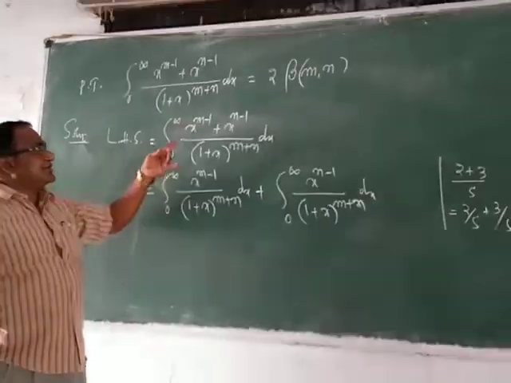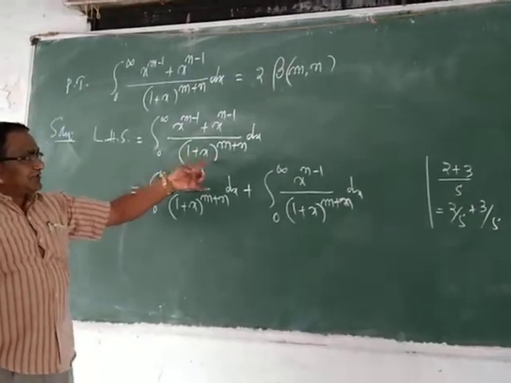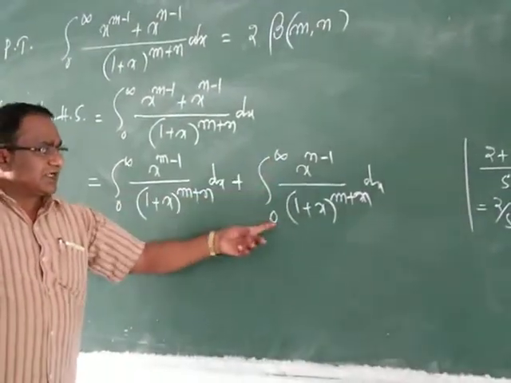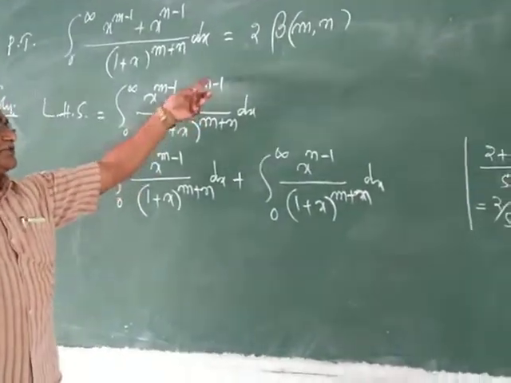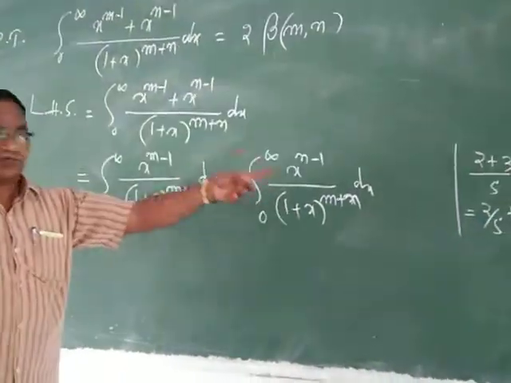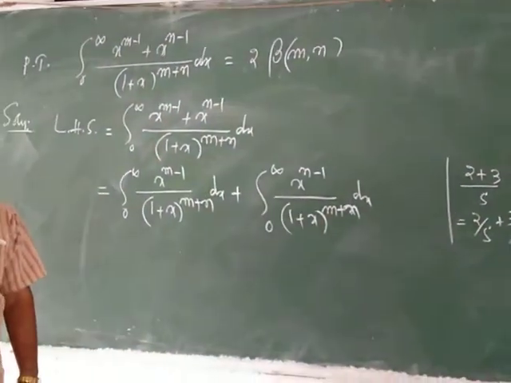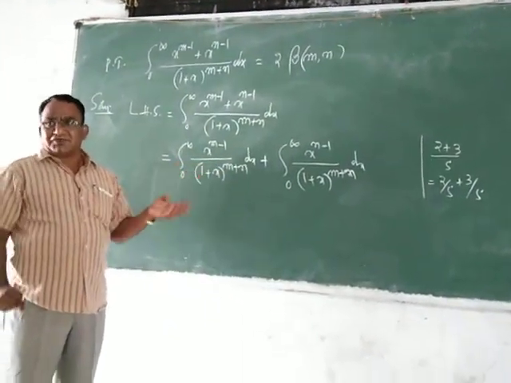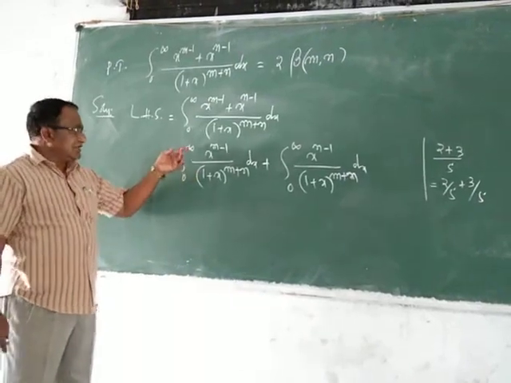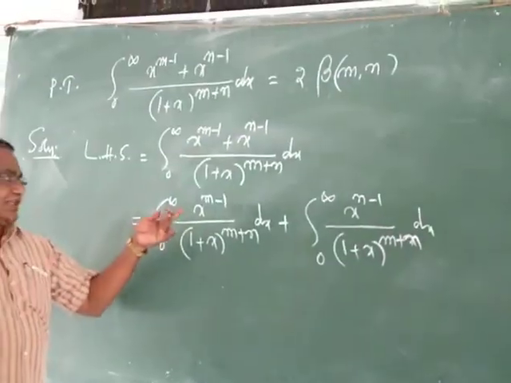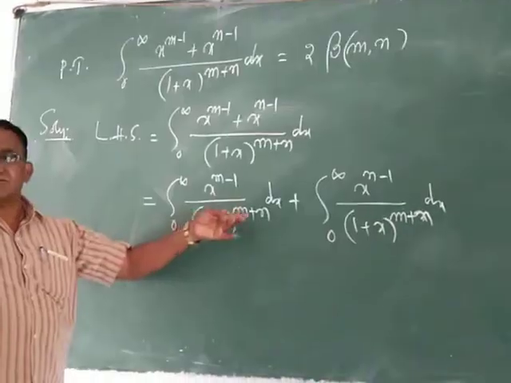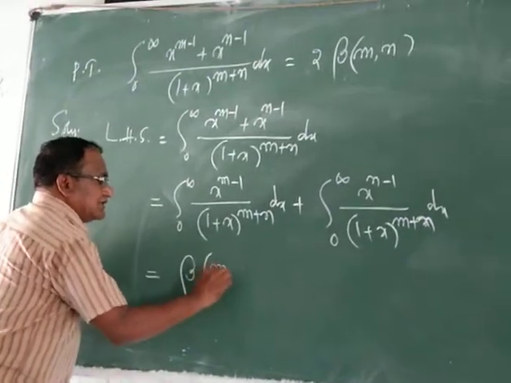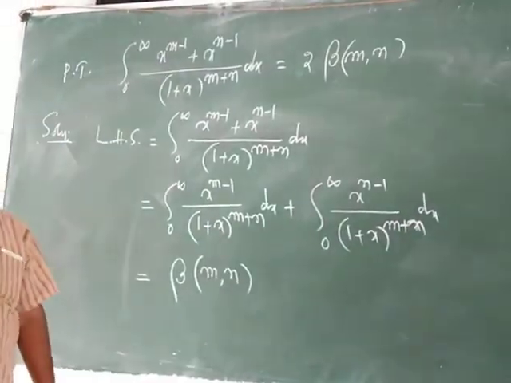By the third property, that is another form of the beta function, the integral from 0 to infinity of x to the power m minus 1 divided by (1 plus x) whole to the power m plus n dx is equal to what? It is beta(m, n). Right?